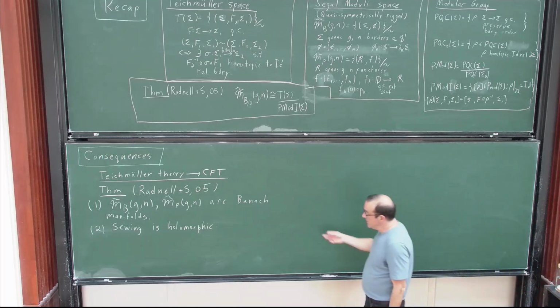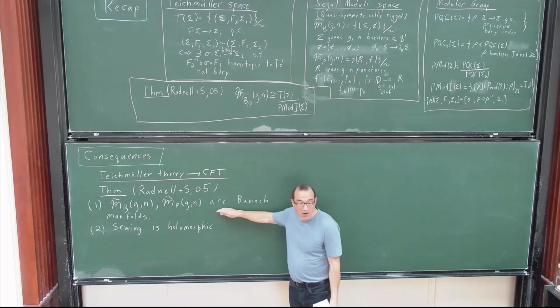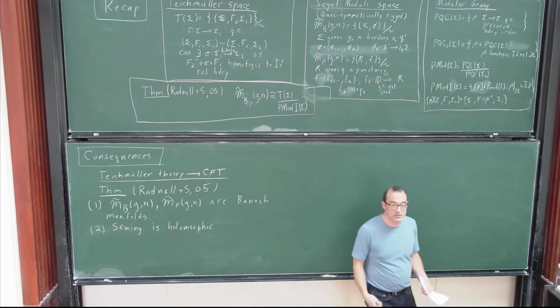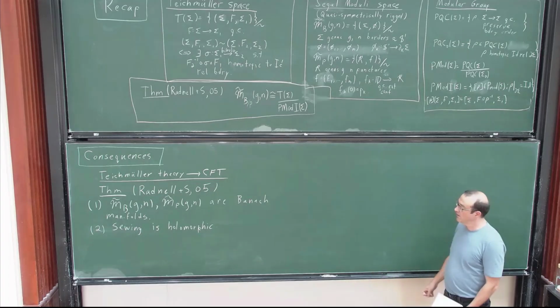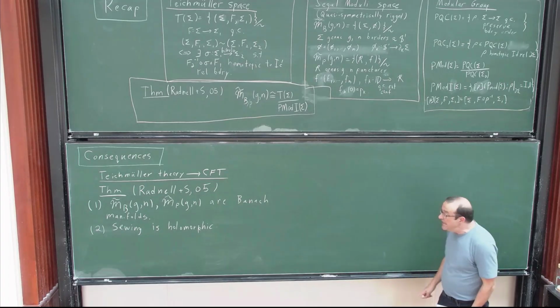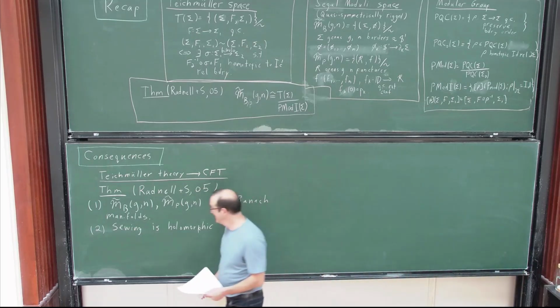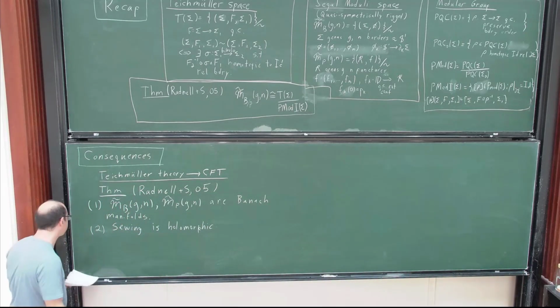And there's supposed to be a holomorphic structure on that. So you need a holomorphic structure on the moduli space, and you want sewing to be holomorphic. So this is solved by this, if you accept that this is a good analytic model of the moduli space.